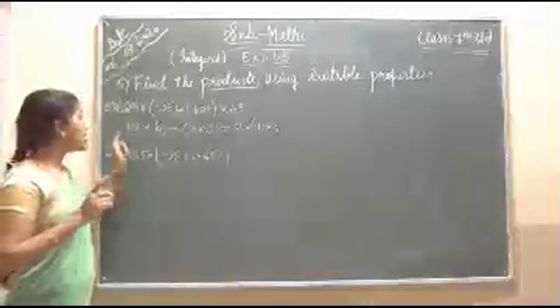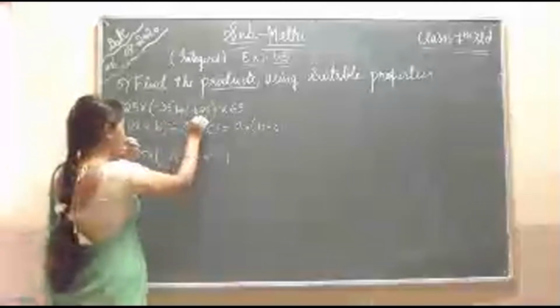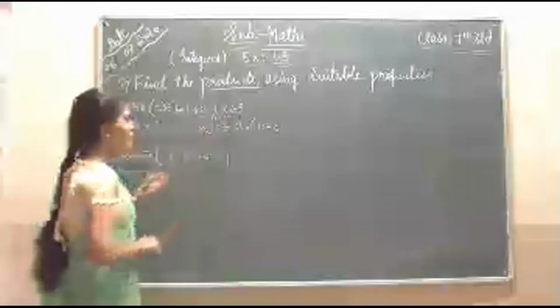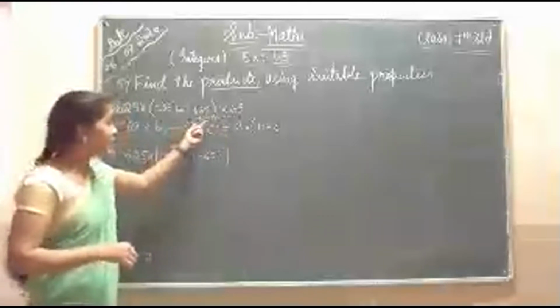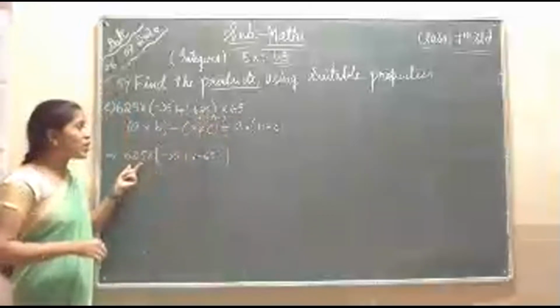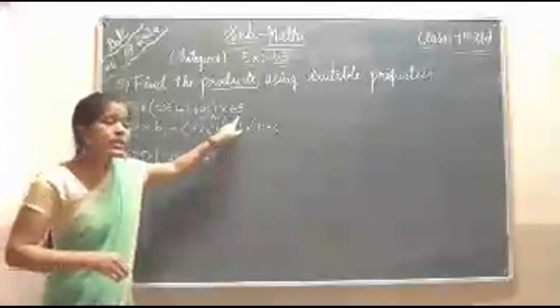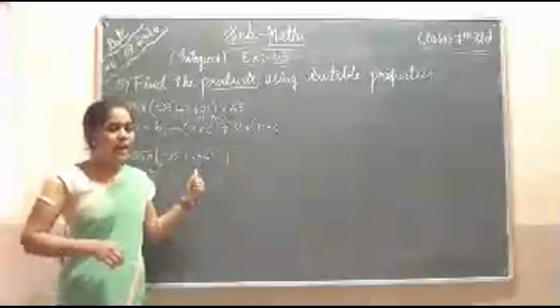Remember, students, here minus 625 is 625 into minus 1. Here we are taking only 625, so remaining is minus 1. This minus 1 is multiplied by 65, and the 65 gets the minus sign.